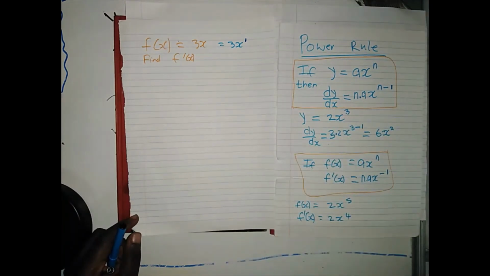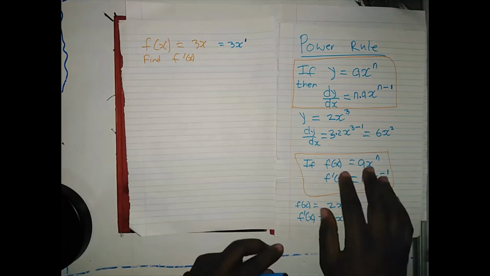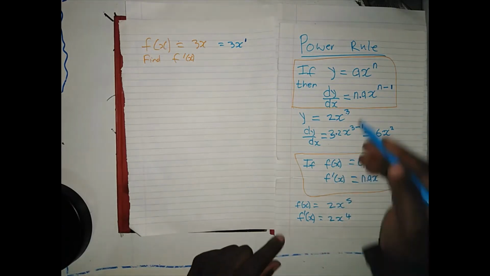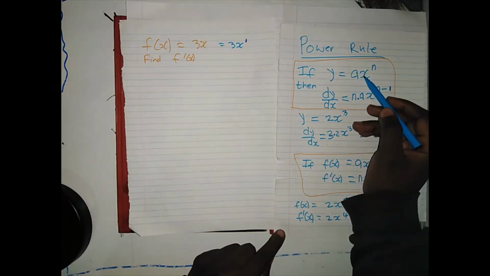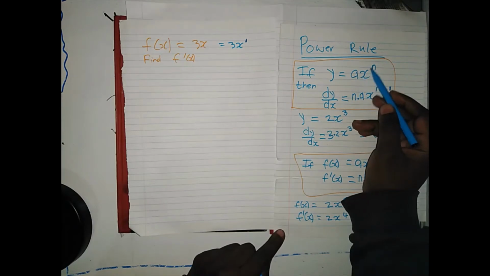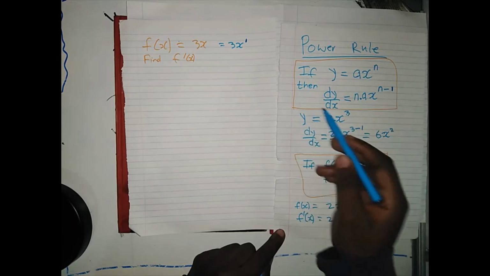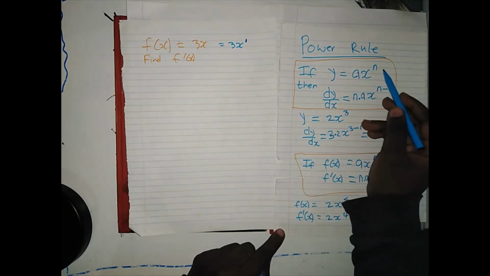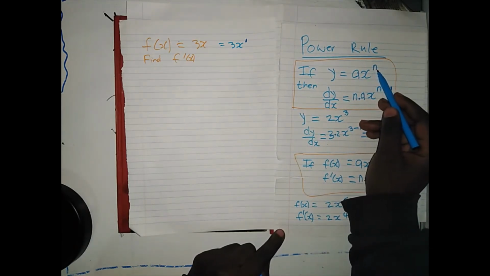The power rule works if there is a power. When you're speaking about the term, this is a coefficient, this is a base or a variable, and then this is a power. That is why it's called a power rule, because you find the derivative by playing around with the power.